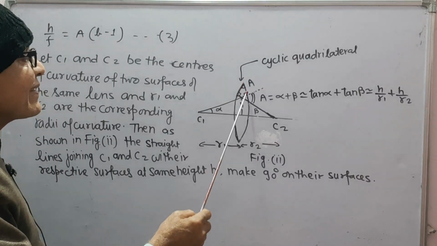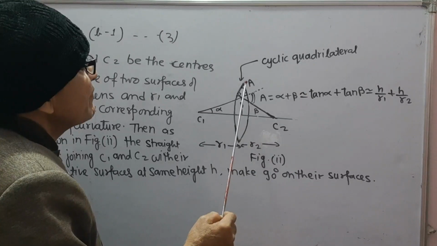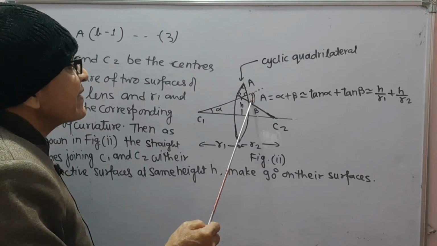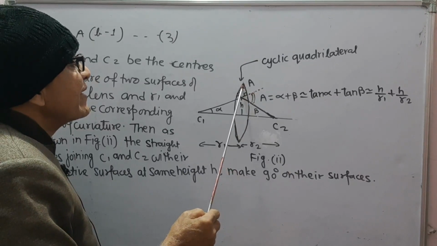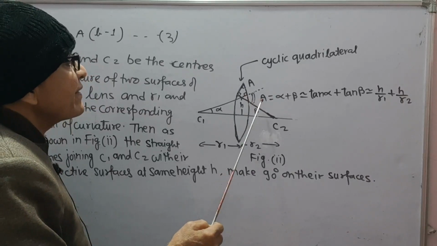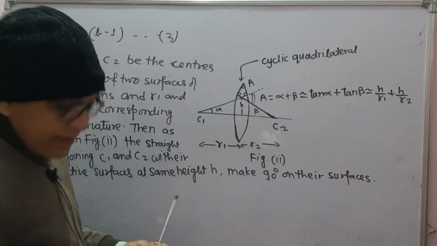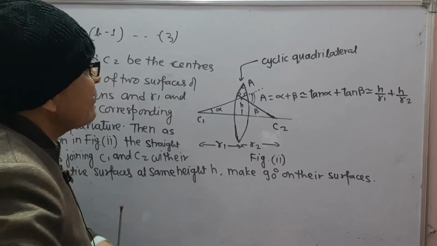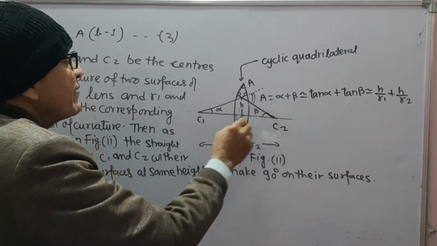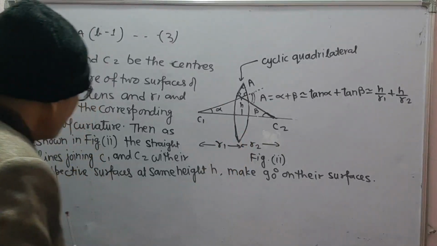Therefore, this quadrilateral will be a cyclic quadrilateral. Therefore, from the property of cyclic quadrilateral, this exterior angle will be equal to this angle, means A will be equal to this angle. Again, this angle A is the exterior angle of this triangle. Therefore, A will be equal to alpha plus beta.